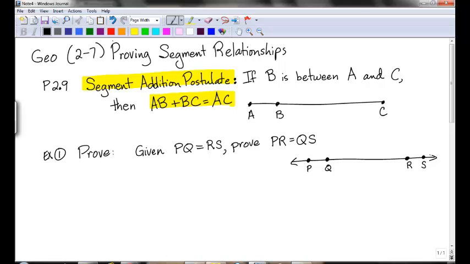What's in common in both parts? Where's the overlap? QR is the overlap. So a lot of times on these pictures you got to look kind of ahead. There's an overlap in here. PR is this whole thing, QS is this whole thing, there's an overlap. Okay, so now let's do the proof.